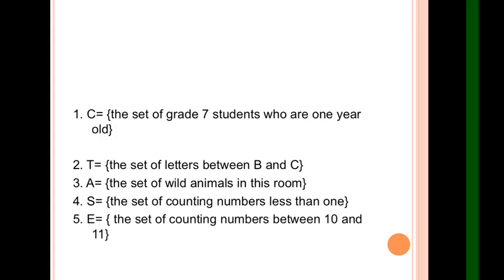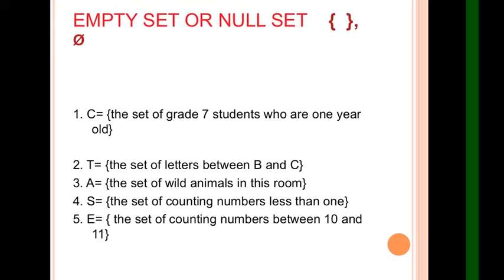And 5. Set E, the set of counting numbers between 10 and 11. Are there counting numbers between 10 and 11? Maybe you are thinking about 10.1, 10.2, 10.3. Those are not counting numbers. Those are decimals, or rational numbers. So, these examples are what we call the empty set or null set.